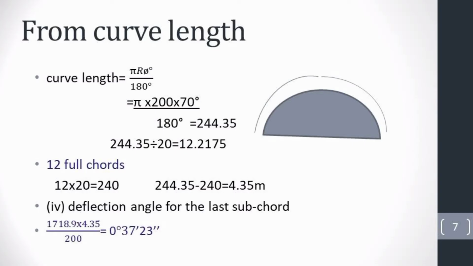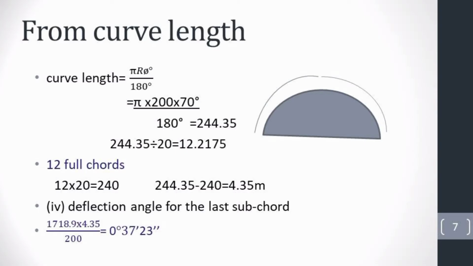Go ahead and subtract from my curve length, that is 244.35 minus 240, giving me 4.35 meters. That was the distance that remained in order for my curve to be complete, and that is the small chord that I'm going to use for the last subchord there.